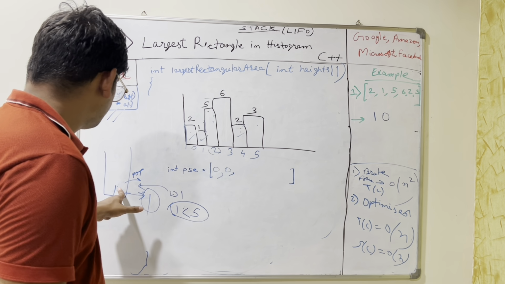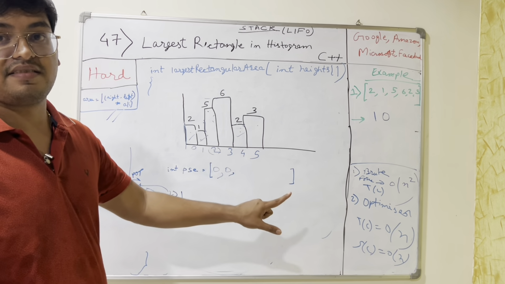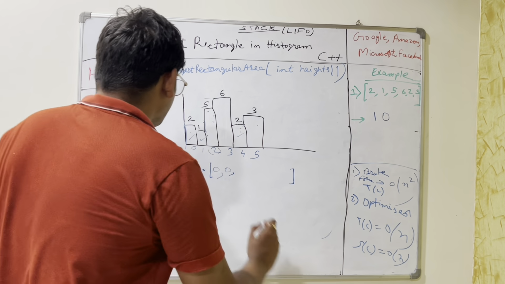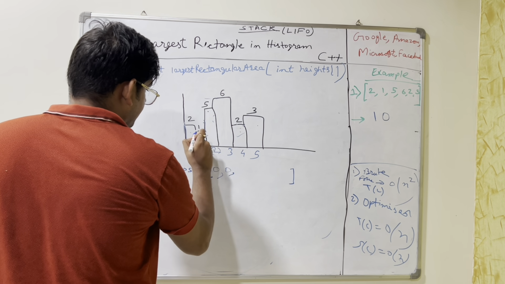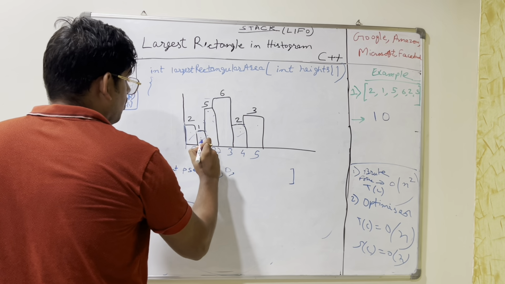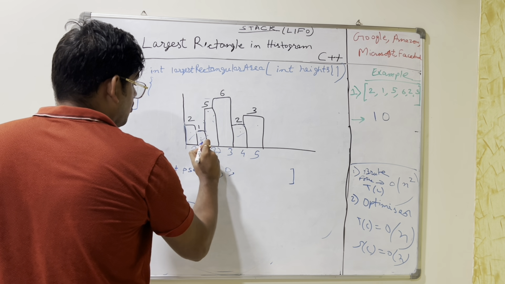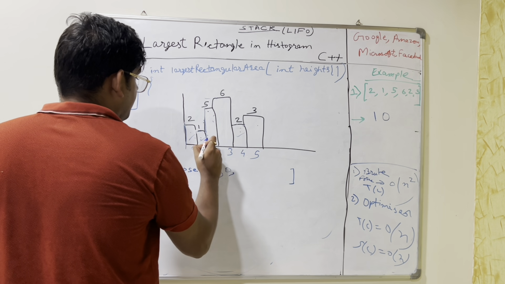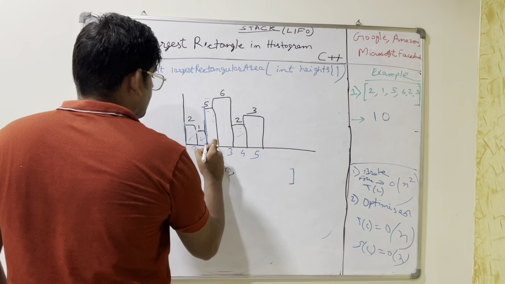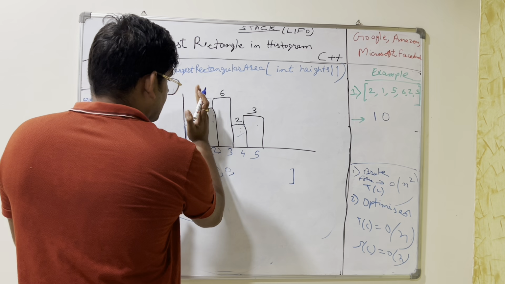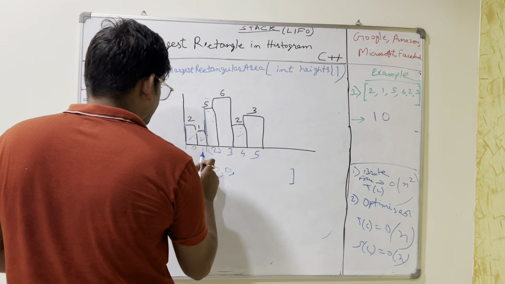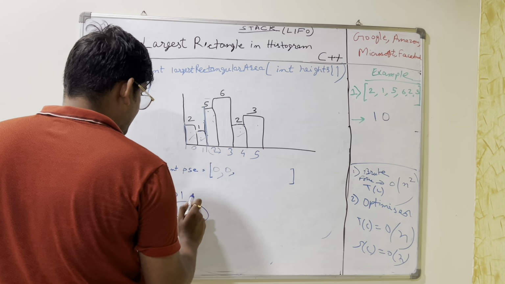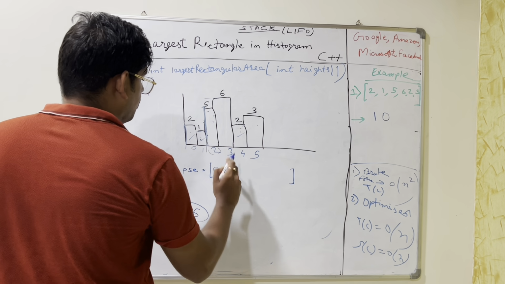What we do is store its index plus 1. Why? Because since this is the smaller element, the boundary for this will be up to here. We can't go here. 5 can be extended up to here only. So the left boundary for 5 is this one. So the value would be 1 plus 1, 2.